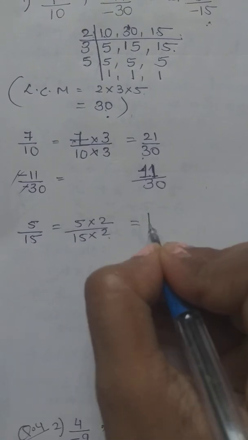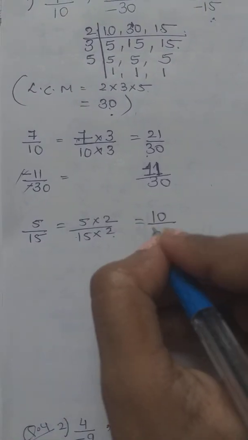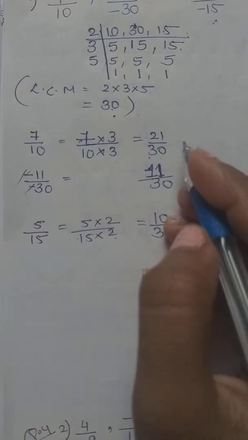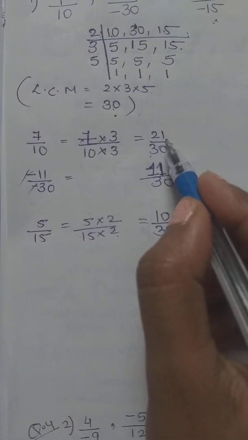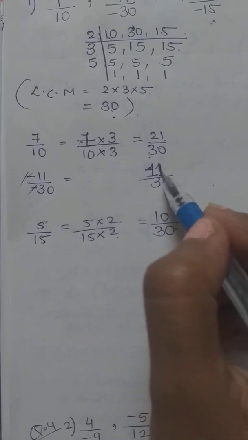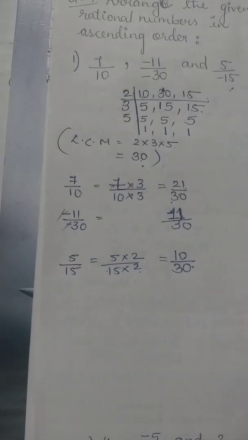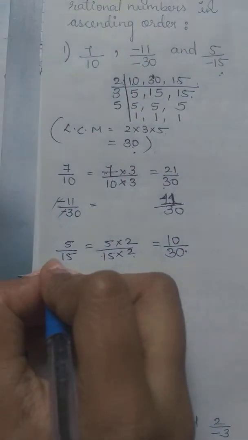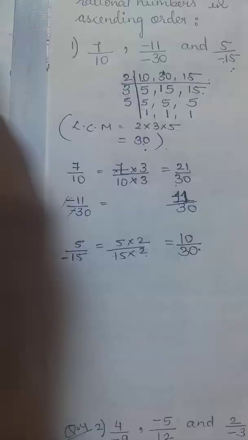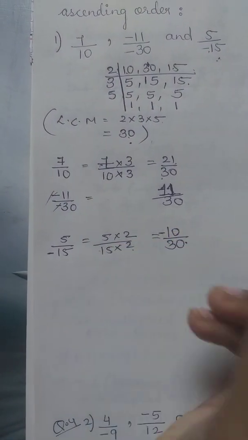Now 5 2s are 10 and 15 2s are 30. So these are the three numbers, that is 21, 11 and 10. Here the 5 is written as minus 5 by 15, so I'll put a minus sign.